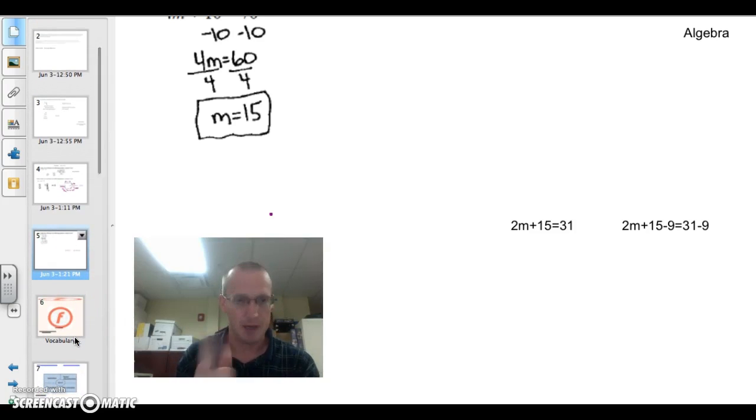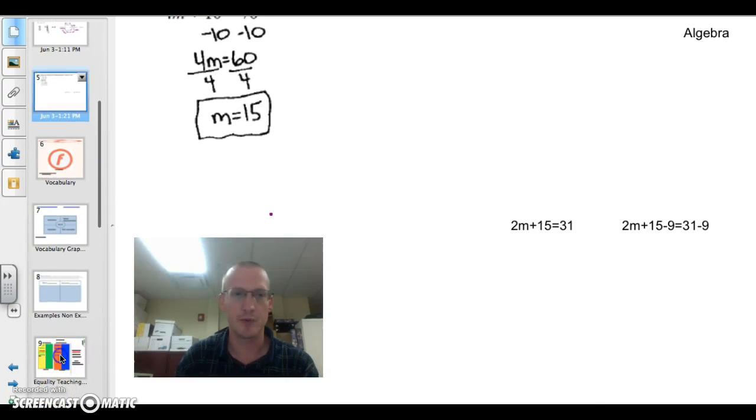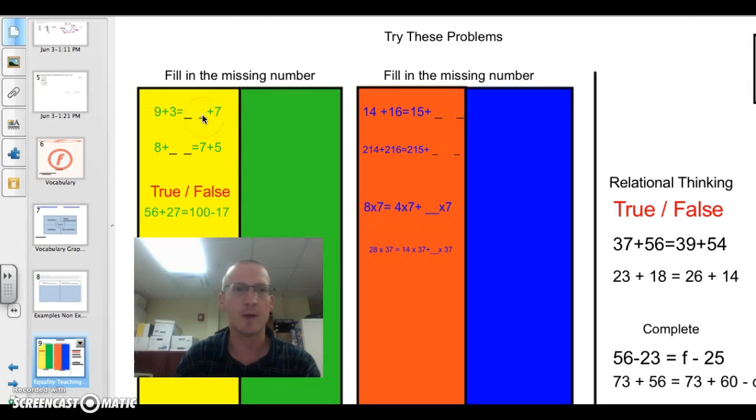And just make sure in the article too, or in the Smartboard, there are 2 other versions of things that you can look at. All you need to do is pull them to the left, and you can see here is that missing number. This is that true or false, making sure the kids know true or false, what is the thinking behind them. Then you get into filling in the missing number using different strategies. Here, 14 plus 6 equals 15 plus what?